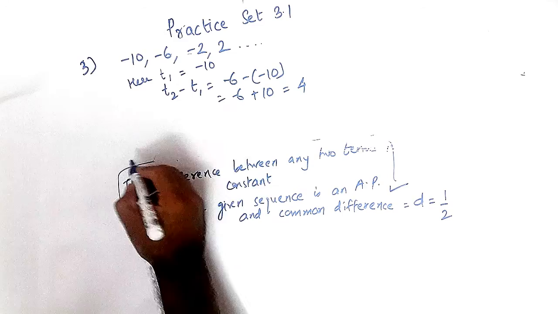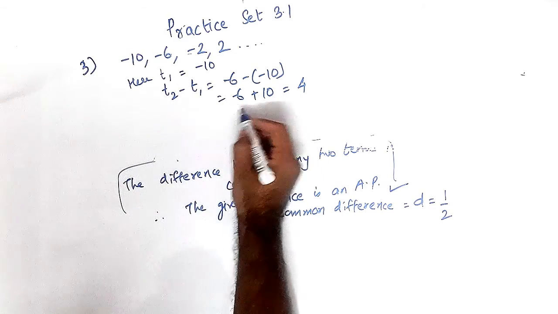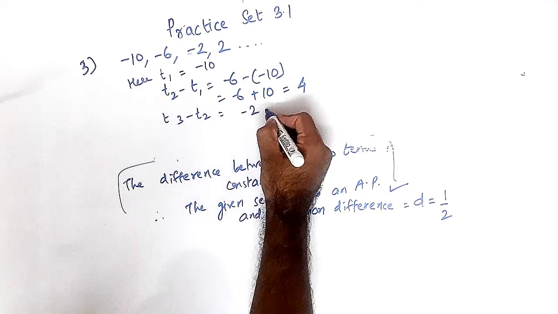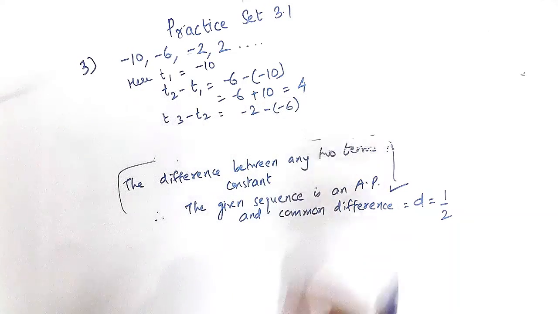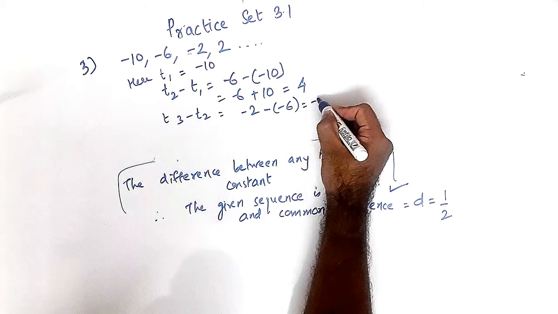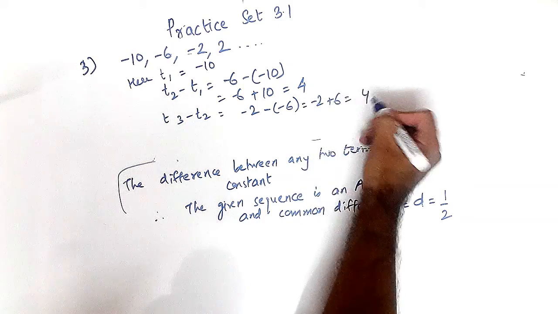Then let us see what is T3 minus T2, minus 2 minus minus 6. So this is minus 2 plus 6, that is also equal to 4.